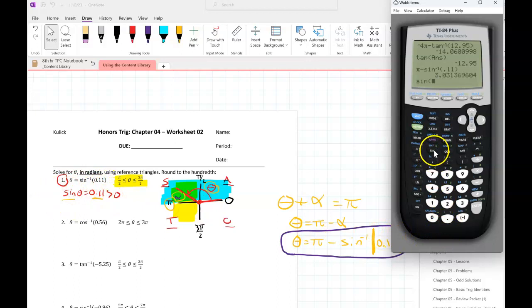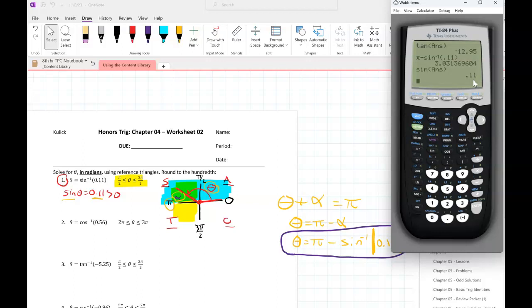So I'm just going to do sine of my answer. If you use the answer key, like I've done here, you'll get exactly 0.11 back. If you round, you'll get about 0.11. If you called theta 3.03, you'll get about 0.11, but it won't be exact.